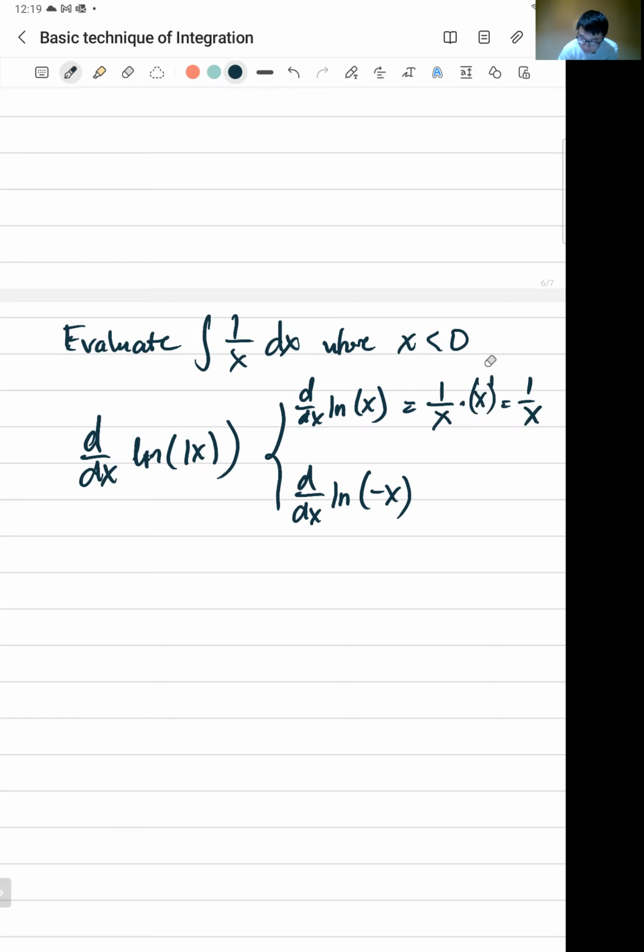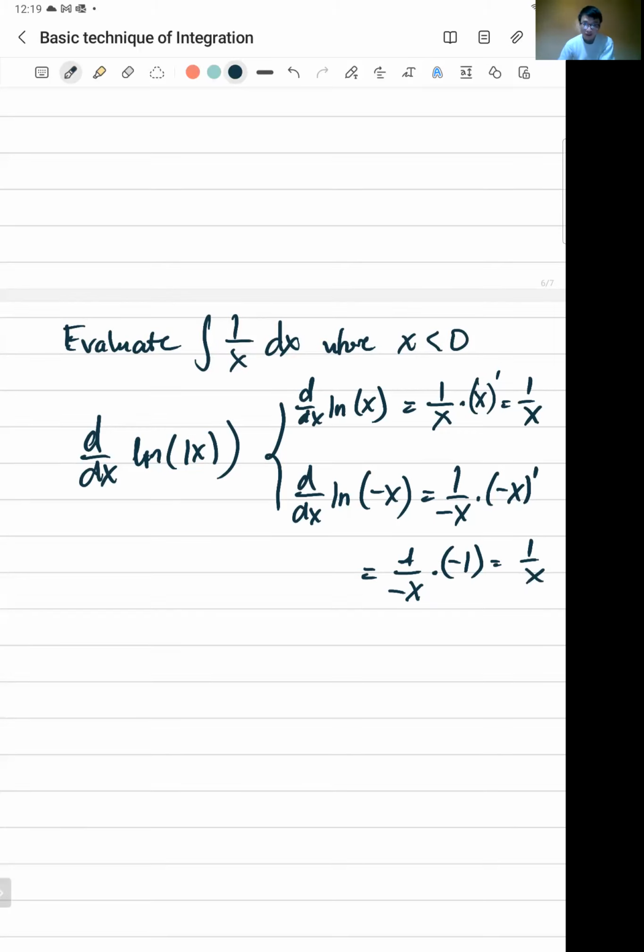The other one is the same thing, so I get 1 over negative x times the chain rule, which is 1 over negative x times negative 1, and that is equal to 1 over x.